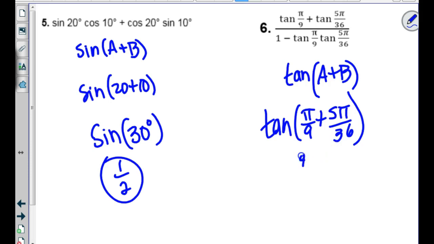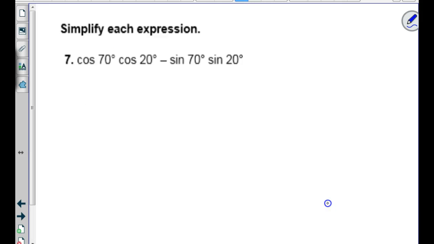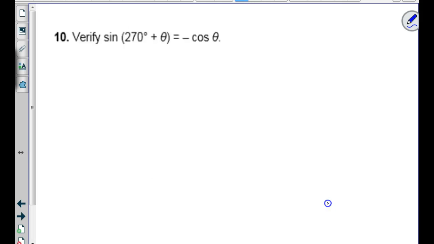If we made this 4/36, this would be a 36, we'd have 9 over 36, which would reduce to what? So the tangent at pi over 4, yes, we have square root of 2 over 2 divided by square root of 2 over 2, which would be 1. All right, those were a quick review of that idea.